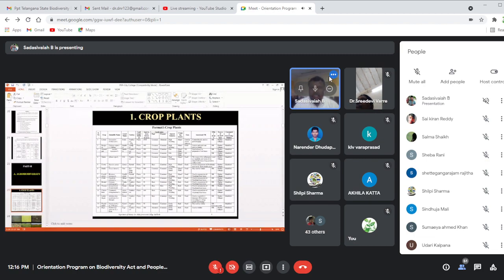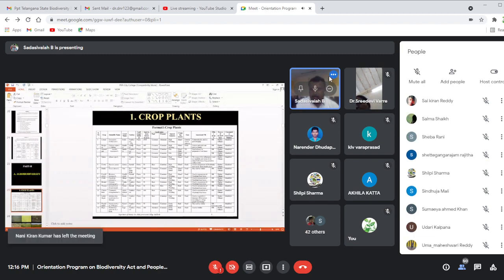Then the status of the crop, present and also past, any special features, the cropping season when it is harvested, and uses of that crop, and associated traditional knowledge and other details if any. The source of seeds or plants, and then community holder.